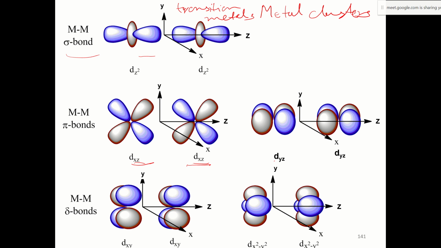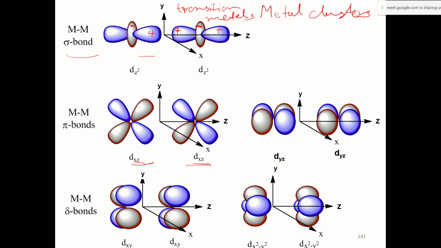Here you see plus and minus; these two colors indicate two different signs of the wave function. Negative sign of the wave function, positive sign of the wave function. So positive sign of the wave function, these two approaching in this direction will combine to have a constructive interference of the waves along the internuclear axis.